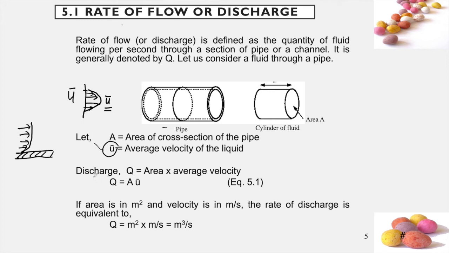To find the discharge from this pipe, you use the equation Q equals area times average velocity. Area is in meter squared and average velocity is in meter per second. When you multiply these two, you get meter cubed per second, the unit for discharge. Here the area is the cross-sectional area.